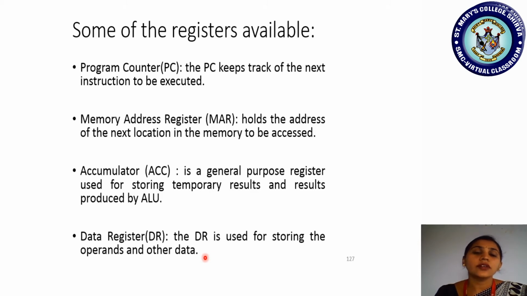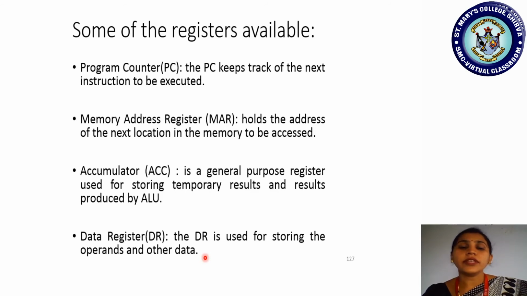While executing that, for example, the memory address register is holding the address of the next location in the memory to be accessed. That is, it holds the address of the memory location where I'll get the next data to be substituted in my calculations. So whatever data that memory address is pointing to, that data is held in which one? The data register.